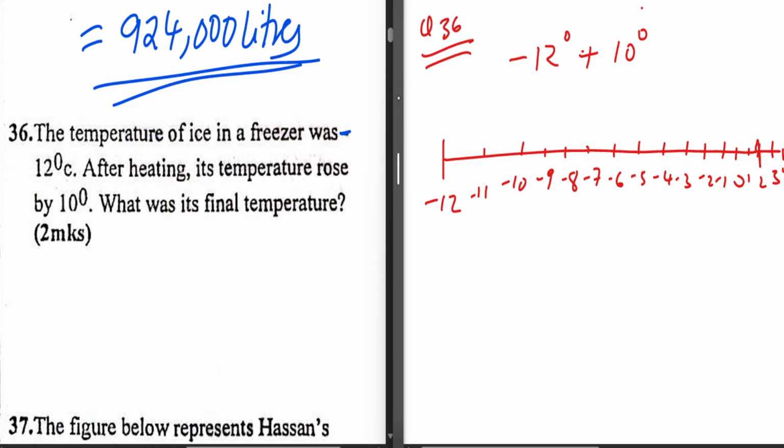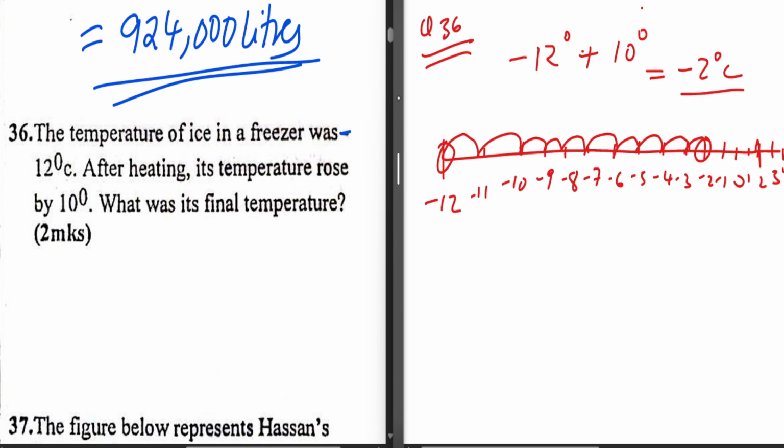Okay, so where we are, negative 12, add 10: 1, 2, 3, 4, 5, 6, 7, 8, 9, and 10, and your final answer is going to be negative 2 degrees Celsius.